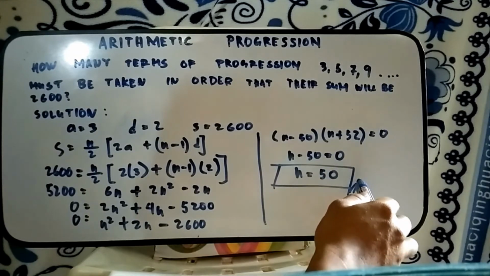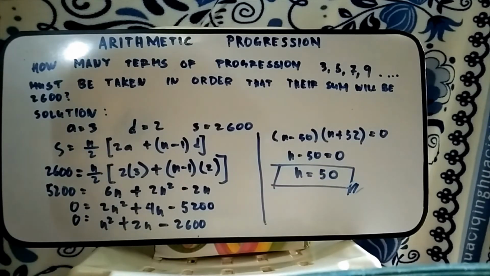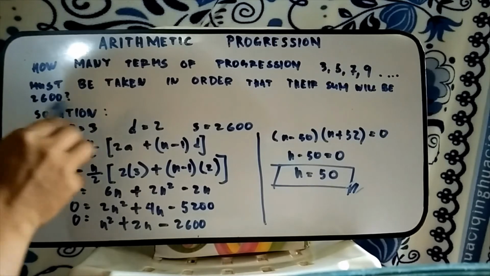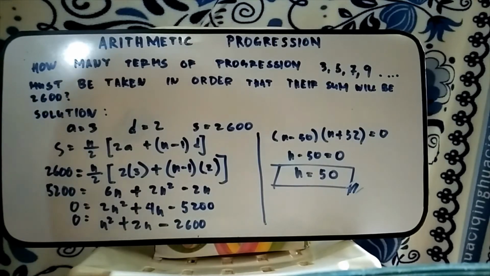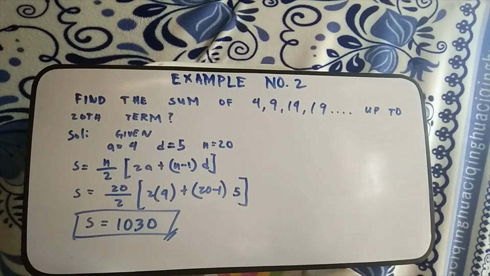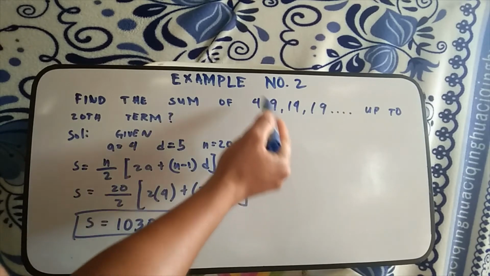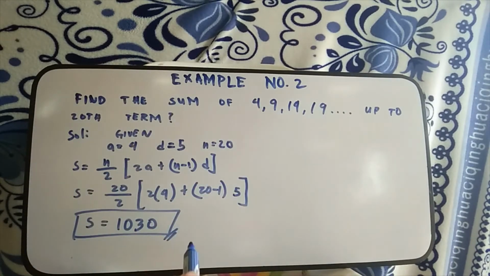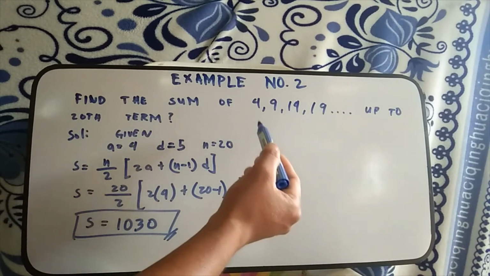The answer is 50 terms to get 2,600. Example number 2. Find the sum of 4, 9, 14, 19 up to 20 terms. Given A is equal to 4, our first term, and D is equal to 5, the difference of 9 and 4.